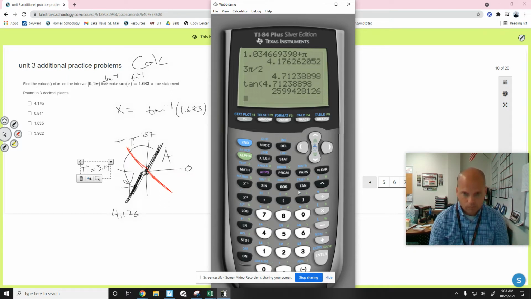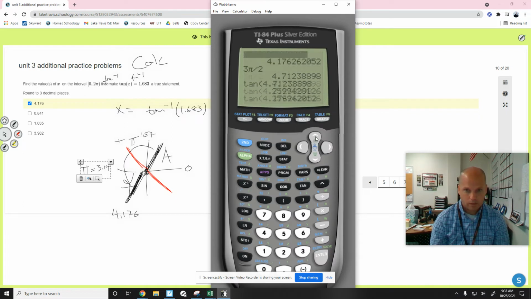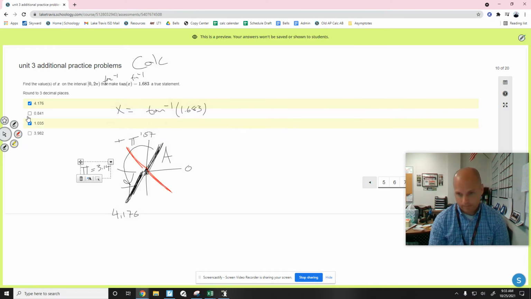If I took the tangent of this number, am I going to get 1.683? Yeah. So that's why I have two solutions here. I have the 4.17 as well as the 1.03.